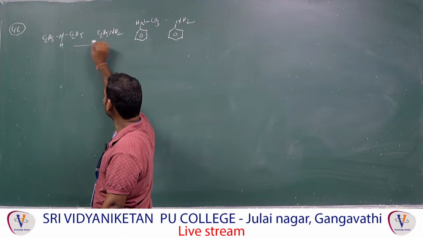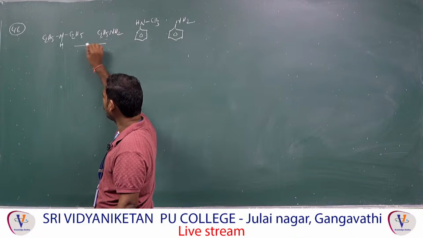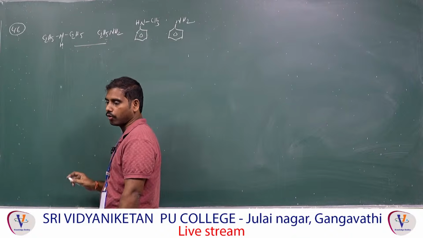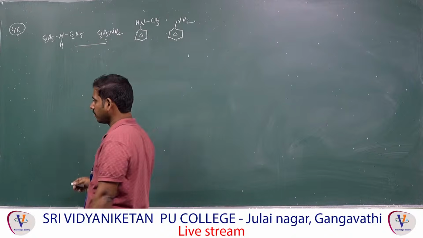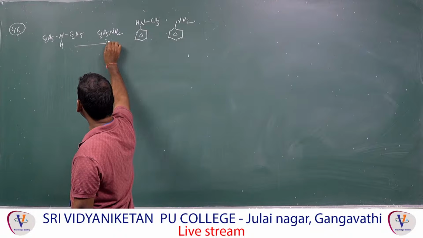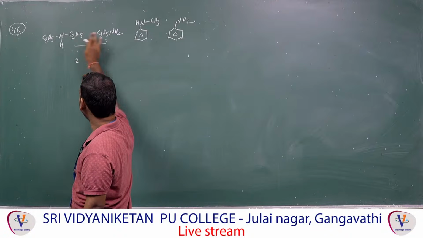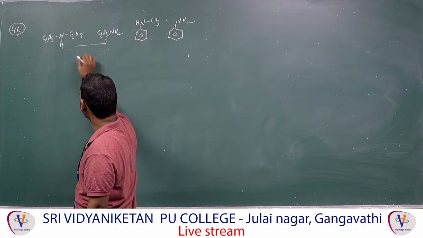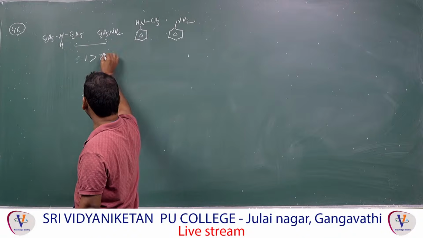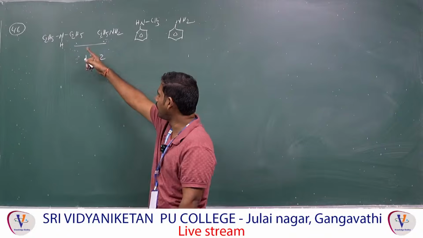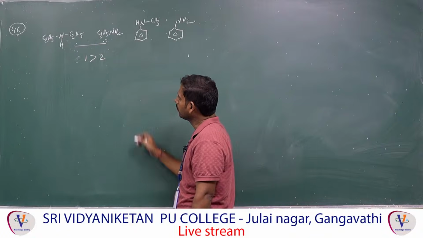In these two, since nothing is mentioned, you have to consider the aqueous phase. Secondary amine is more basic than primary. So this is the highest, then next these two, because these two are aliphatic and these two are aromatic.